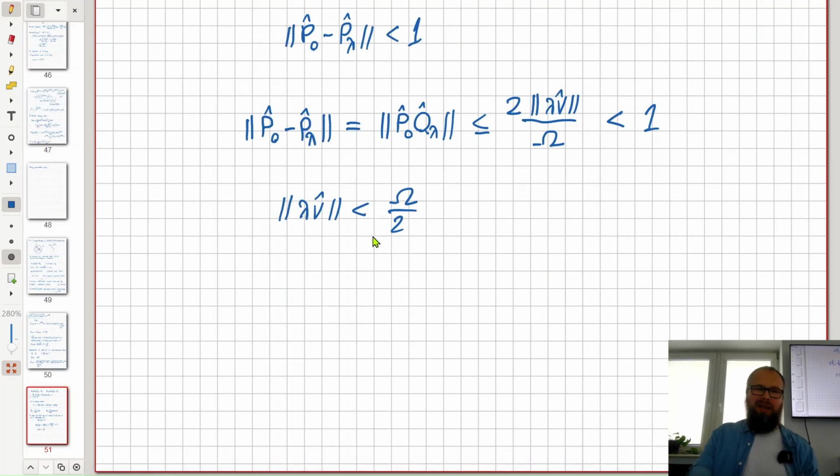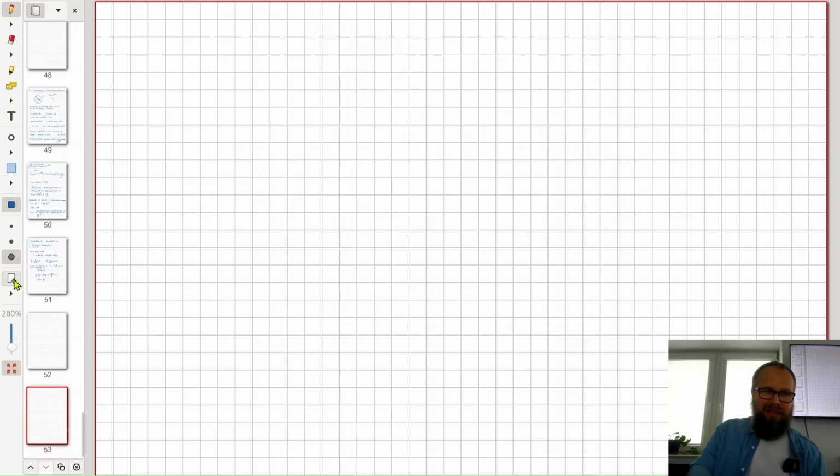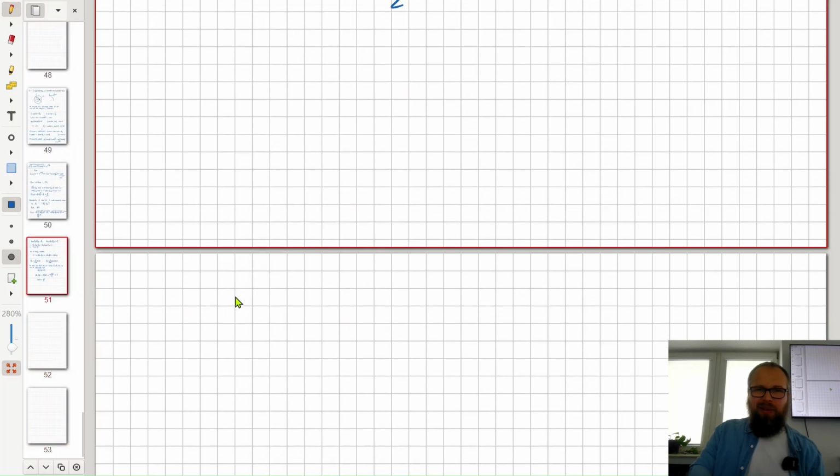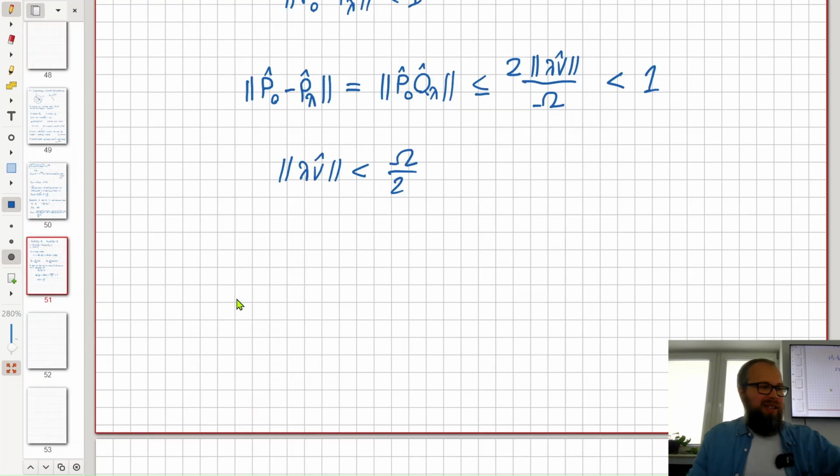So now the plan I wanted to implement was the following. We know the direct rotation exists.